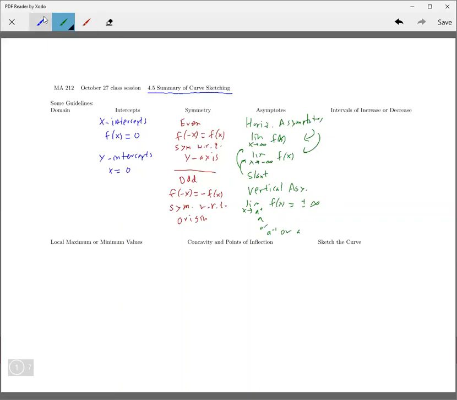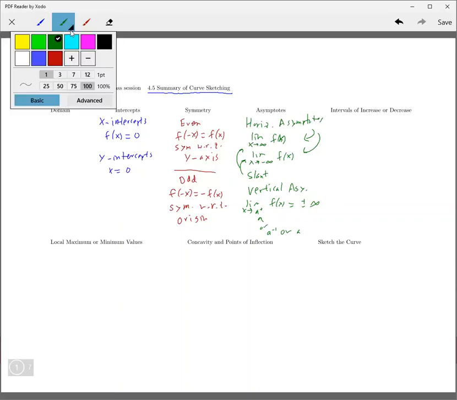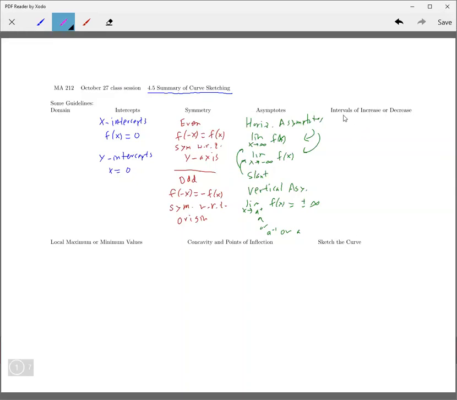And then the last one is intervals of increase or decrease. It's increasing when the derivative is positive, and decreasing when the derivative is negative. And again, this is left to right.